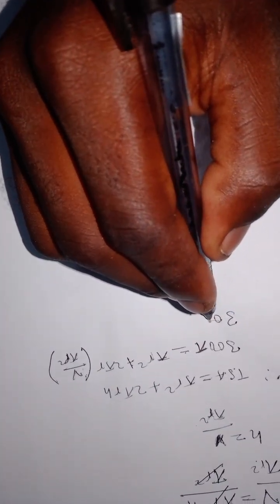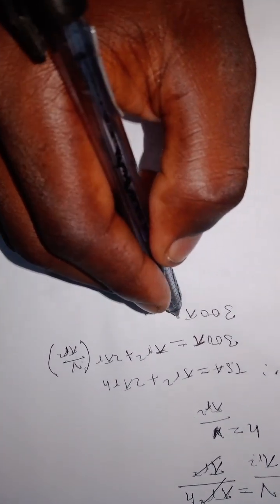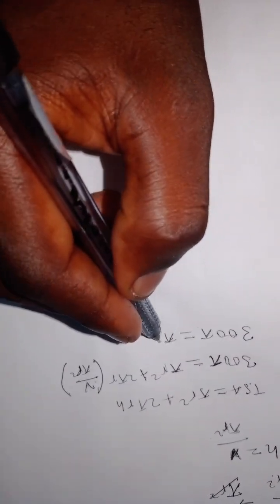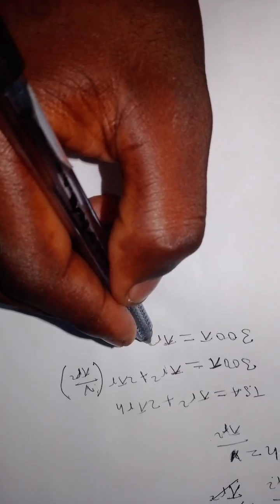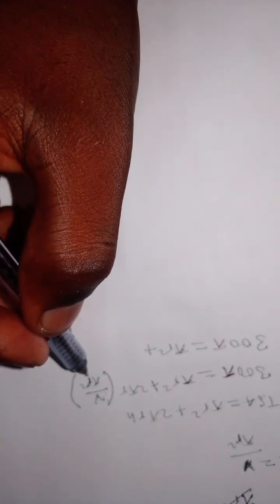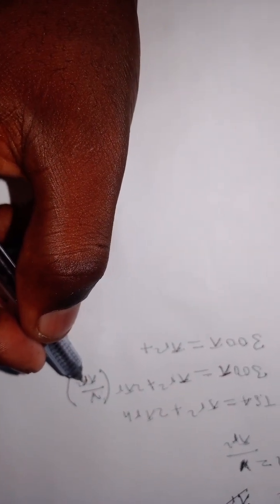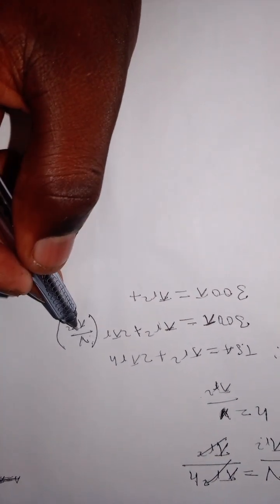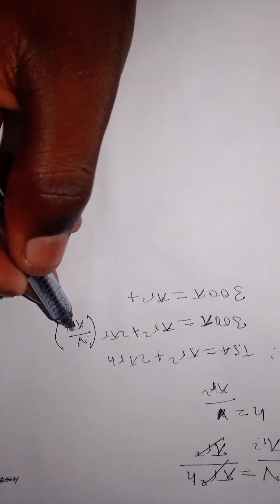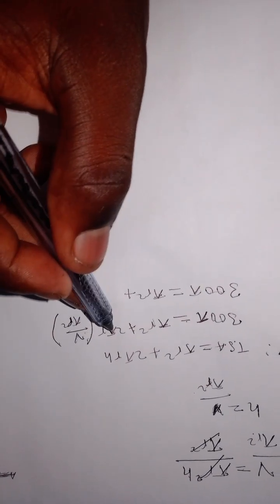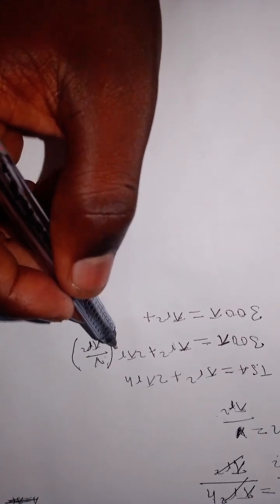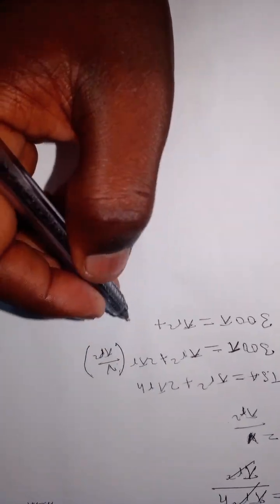So 300 pi is equal to pi r squared plus, we have got 2 pi, so one pi will remain; this pi cancels with that one, and the r squared cancels as well.